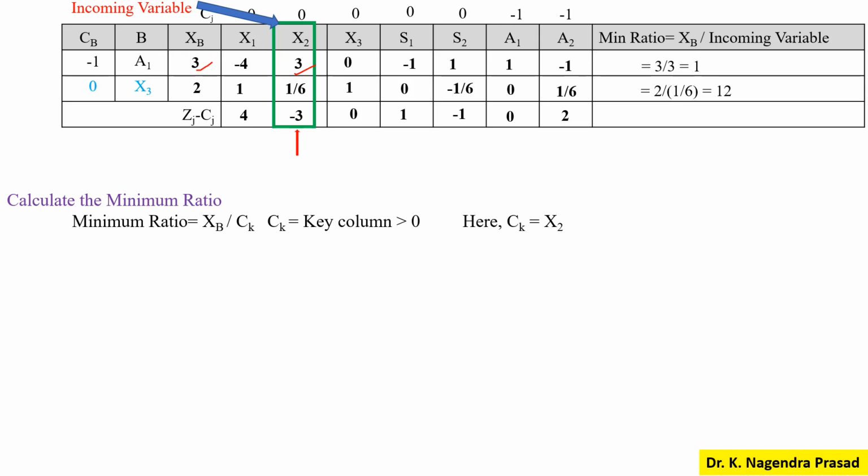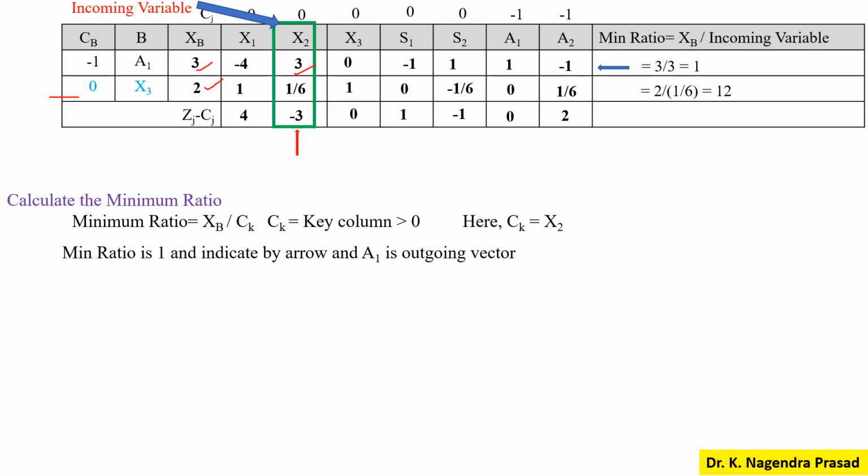Next we calculate the minimum ratio for the second row, x2 variable row. Here xb value is the 2 and coefficient value is the 1 by 6. Then 2 divided by 1 by 6, it is the 12. So minimum ratio is the 1 for the A1 row.